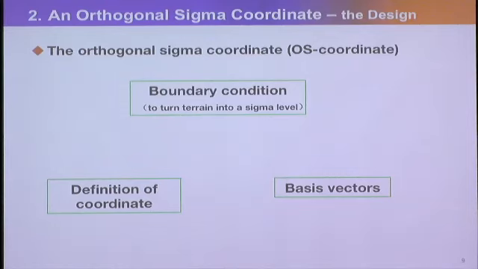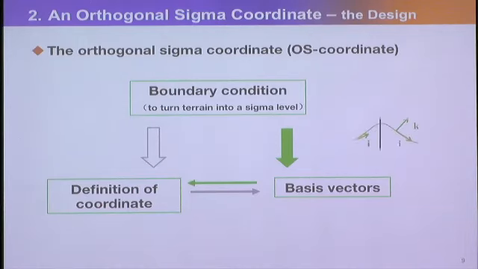In the design of the classic sigma coordinate, they do things in this way. They define the coordinate first, like Phillips did. They take the pressure and define the sigma coordinate, and then use the definition to resolve the basis vectors. We have done this the other way around. Firstly, we resolve the basis vectors of the coordinate and then the definition of it. How to do that?